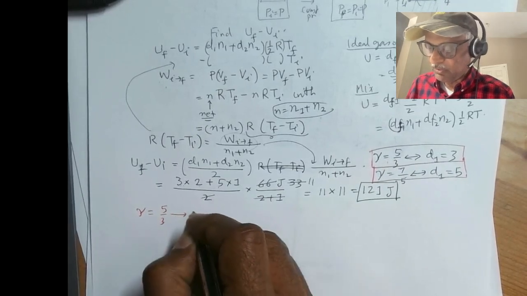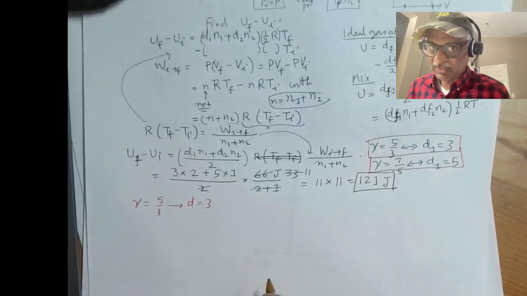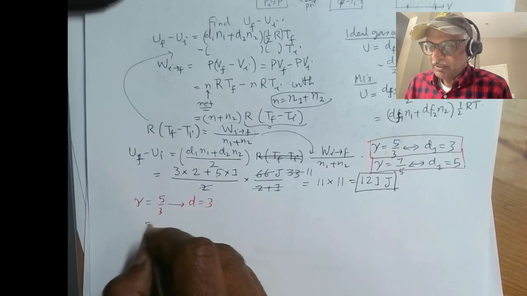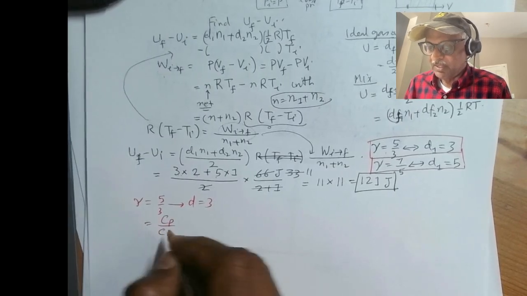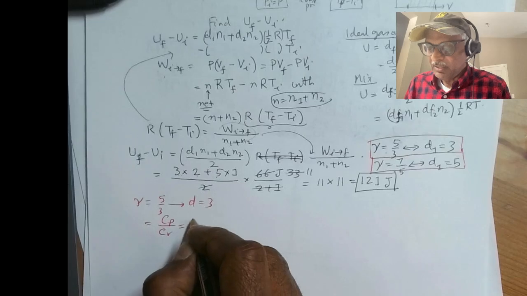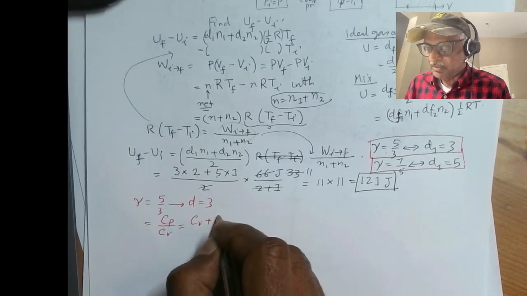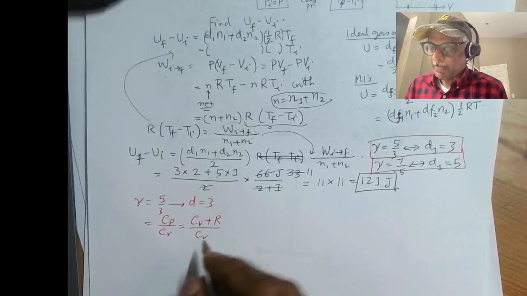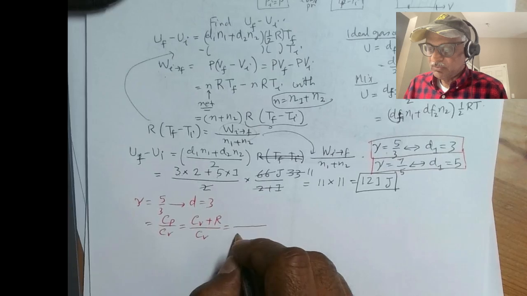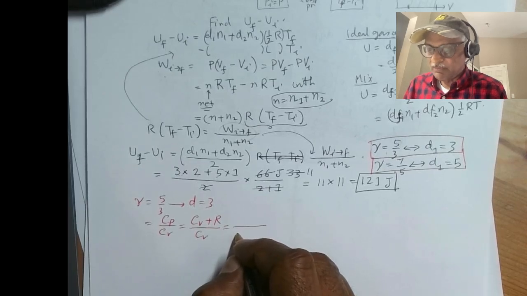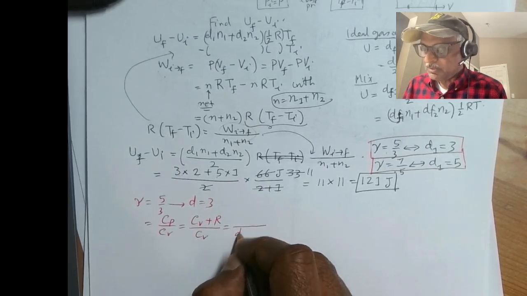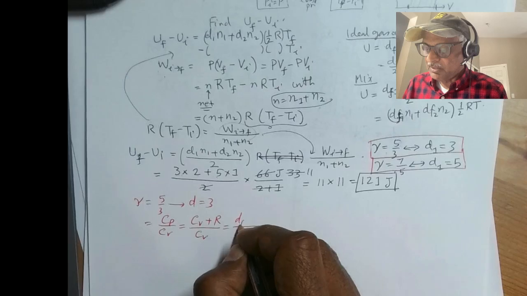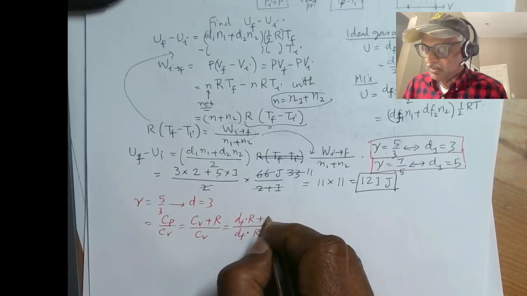Why do I give you D equals 3? Okay, so this is CP over CV, and CP is CV plus R, and CV is the number of degrees of freedom times R, and the number of degrees of freedom times R plus R.